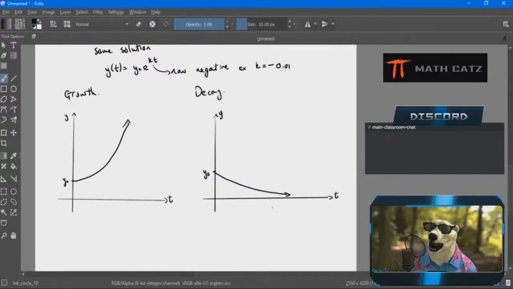So radioactive decay, according to this model, the radioactive substance never completely goes away. It just approaches 0, but in theory never gets there.